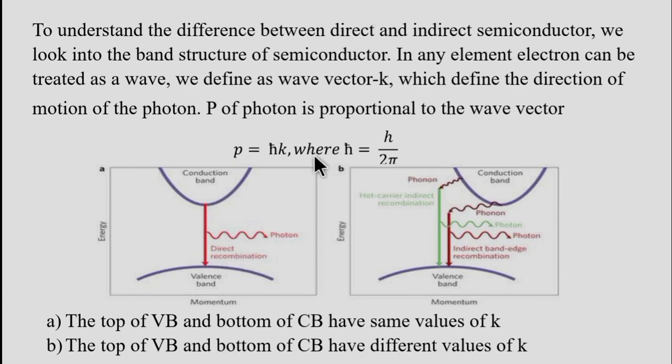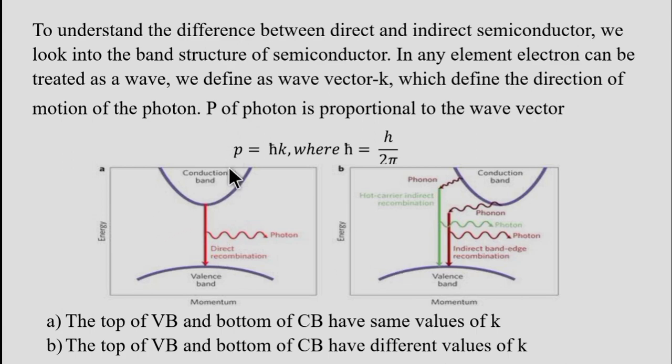Since h cross is a constant, the momentum is also the same in the case of a direct band gap semiconductor material. But in the case of an indirect band gap semiconductor material, the value of k is different. The top of the valence band and the bottom of the conduction band have different values of k, which means the momentum is not conserved.